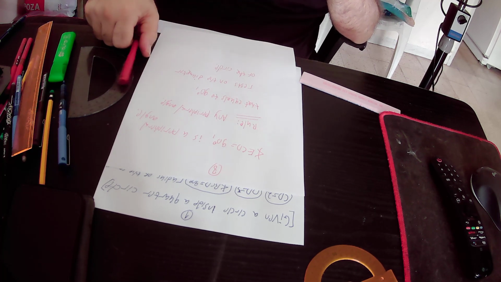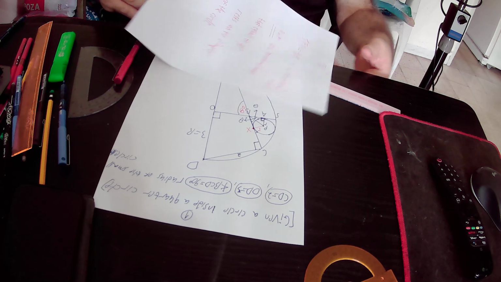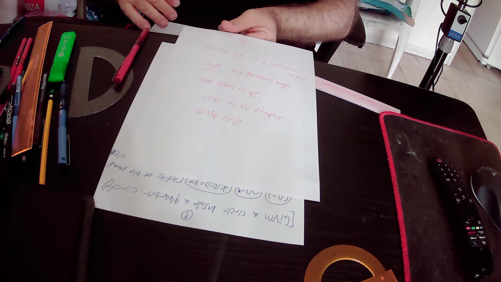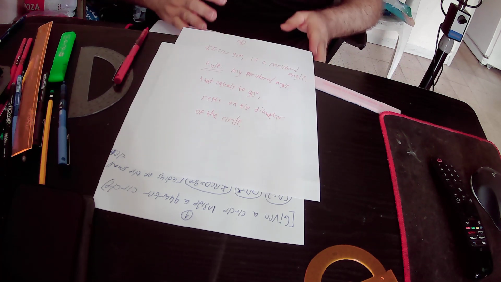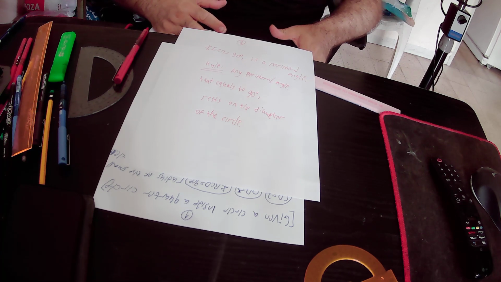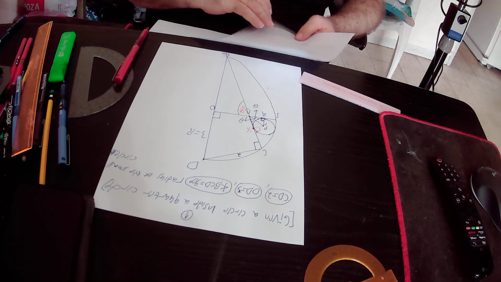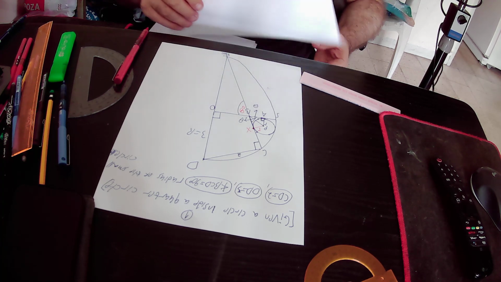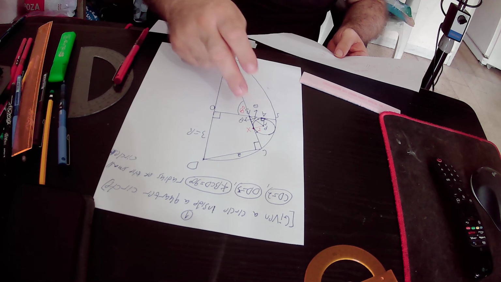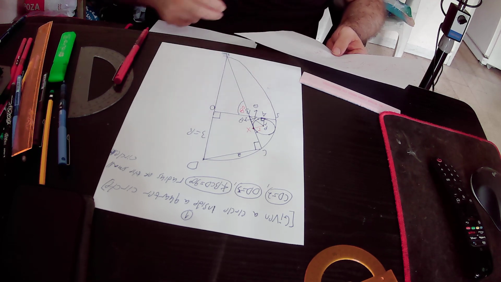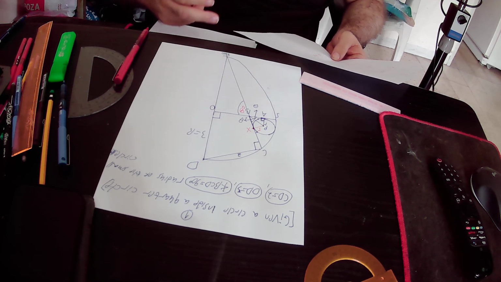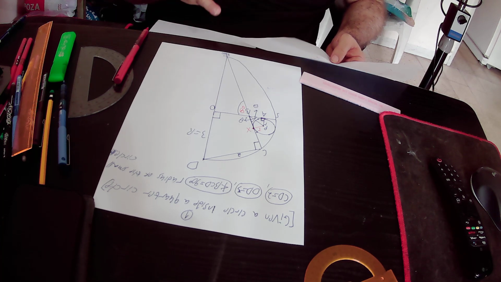I will read the rule again. The rule states that any peripheral angle that equals 90 degrees rests on the diameter of the circle. So we know that the peripheral angle ECD equals 90 degrees. Therefore, angle ECD rests on the diameter of the circle.